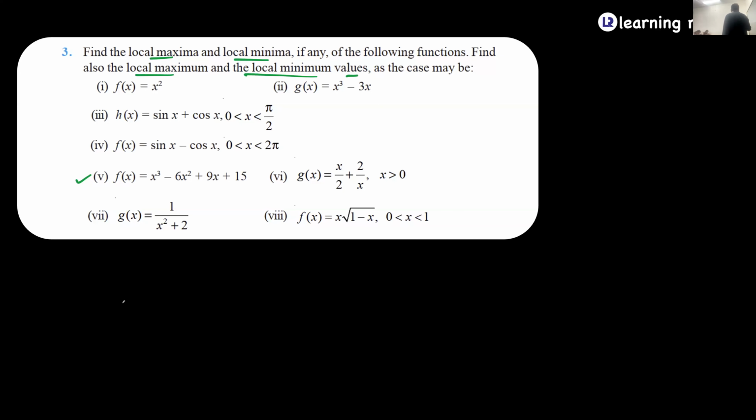So last problem you have is f of x is equal to x into root of 1 minus x.